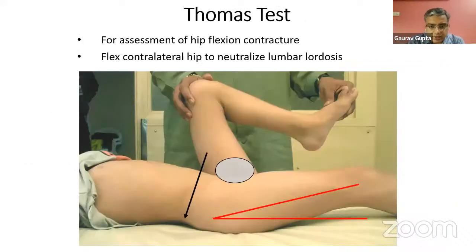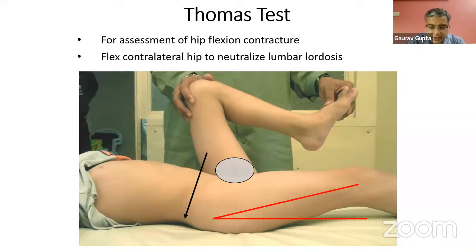So these were general points. Now we'll talk about specific joint related examination. For the hip, we do the Thomas test, where we try to assess the hip flexion contracture. How do we do it? We make the child supine and we flex the opposite limb, flex the hip of the opposite side and the knee also, to square the pelvis and to obliterate the lumbar lordosis.